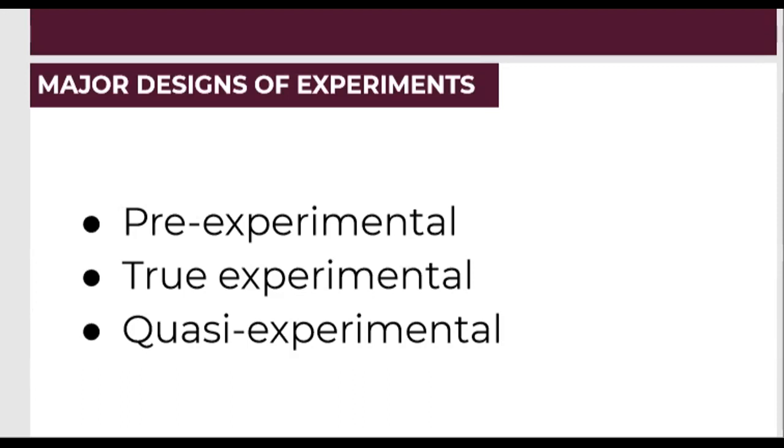Now, pre-experimental designs are formed as approaches to prepare towards the true experimental designs. So generally, these designs are the simplest form compared to true and quasi-experimental designs. Now, let us learn some of the examples of pre-experimental designs.